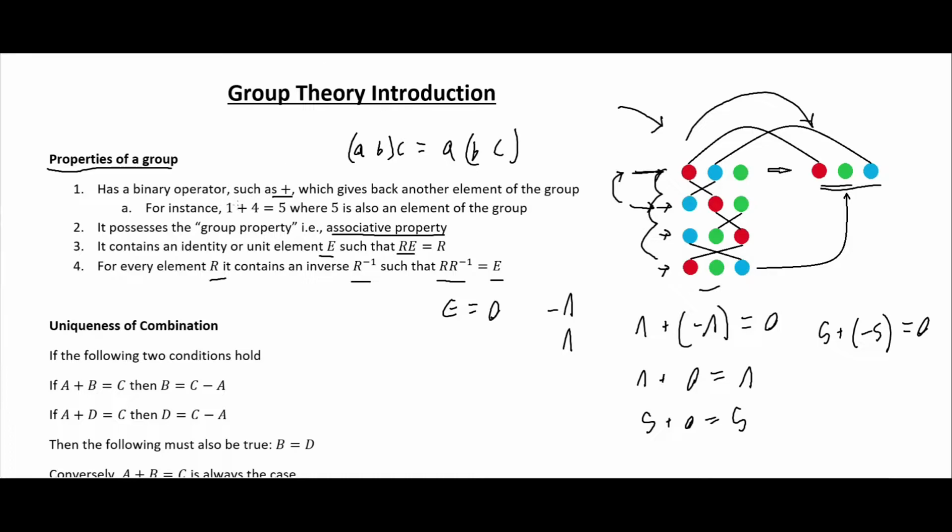So that is the properties of groups, and like I said, this is just to show that a group doesn't necessarily have to be numbers, even though that's a nice, easy one to think about.